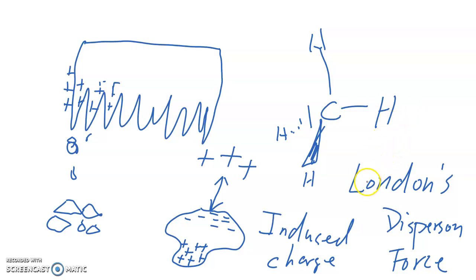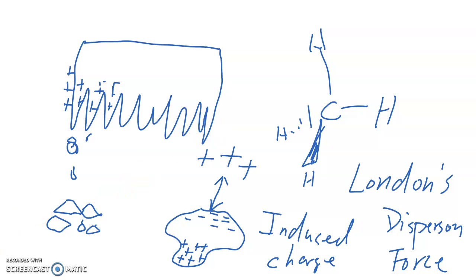It is by a London's dispersion force, where the charge will suddenly be induced in one direction, leaving the negative or opposite charge in the other direction. This will only happen to molecules that have no obvious net charge in any direction and are very symmetrical.